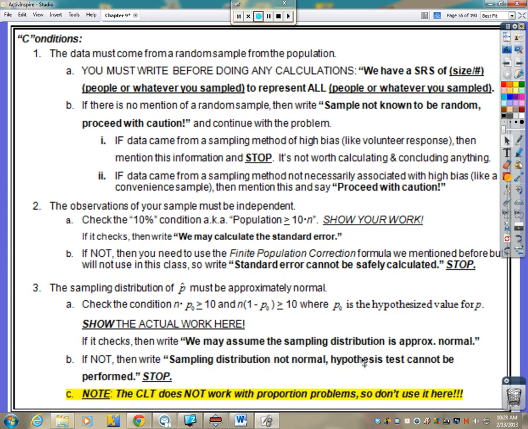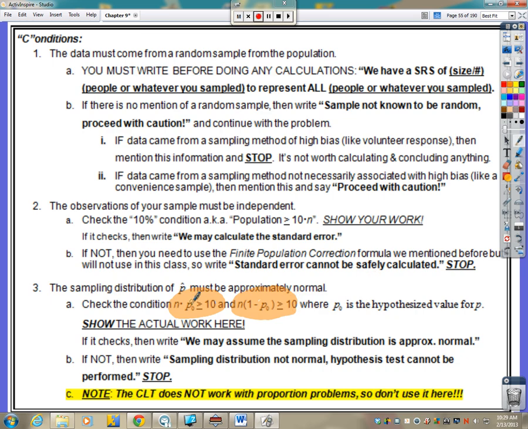Now, conditions. We've already talked about these in a previous video. They are all the same as they were in the previous video. The main thing to note that was different in our conditions between this chapter and the last chapter was in the normal condition, you're not going to be checking n times p hat and n times 1 minus p hat.